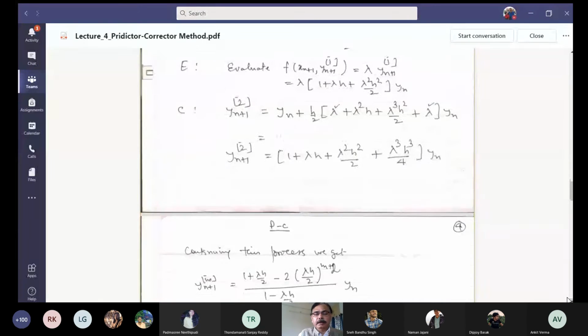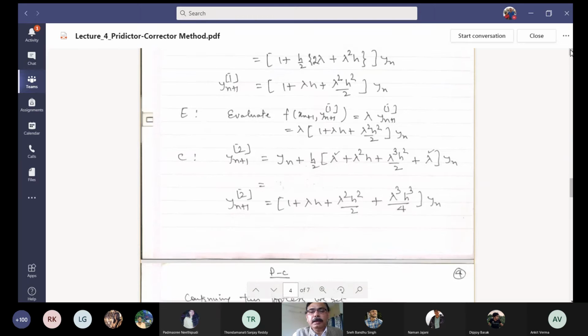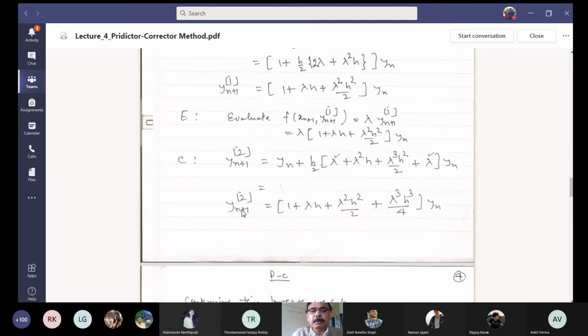This you can verify. Now, if you continue this way up to m times, you see, yn plus 1 1 is 1 plus lambda h plus lambda square h square by 2. Means if it is 1, then up to second power we have gone. If it is 2, we have gone up to third power, 1 extra.